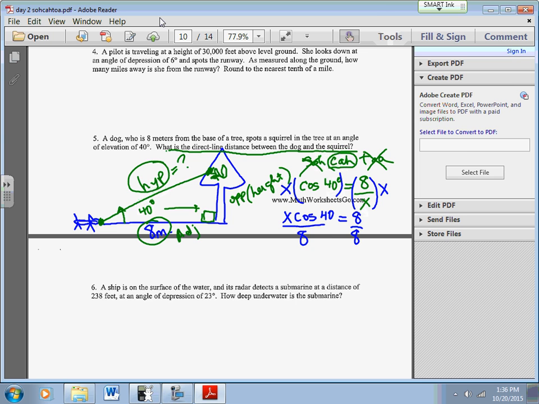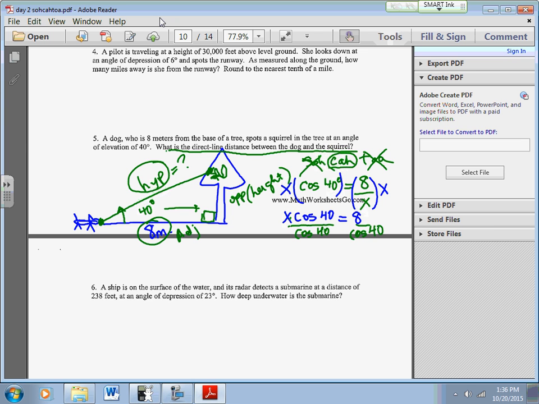Yes, divide by the cosine of 40 instead. And you guys agree that X is being multiplied by the cosine of 40, so the opposite of multiplication is division. Yeah. So divide by cosine of 40 to both sides.